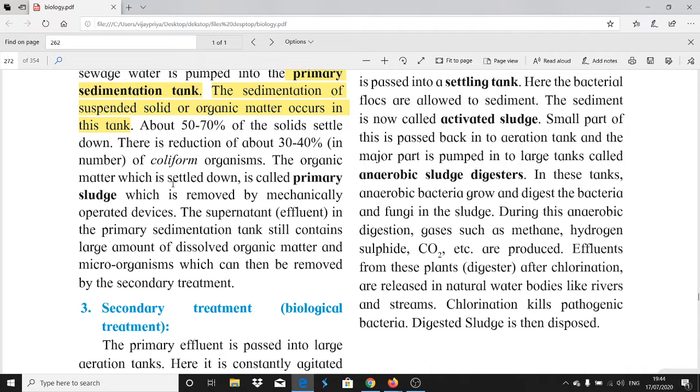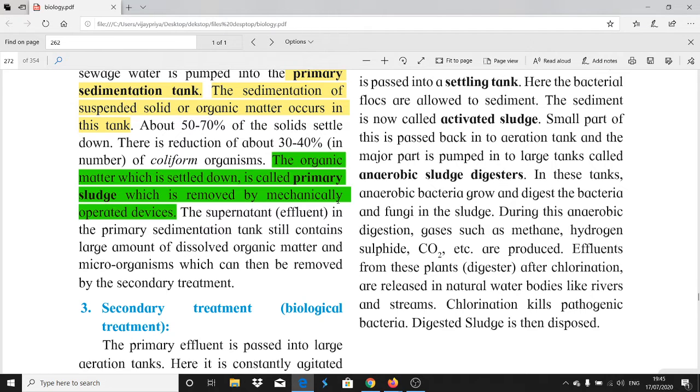The organic matter which has settled down is called primary sludge, which is removed by mechanically operated devices. So this is done mechanically. After the settled particles are sedimented in the sedimentation tank, whatever liquid part remains is called the supernatant, or it is known as effluent.